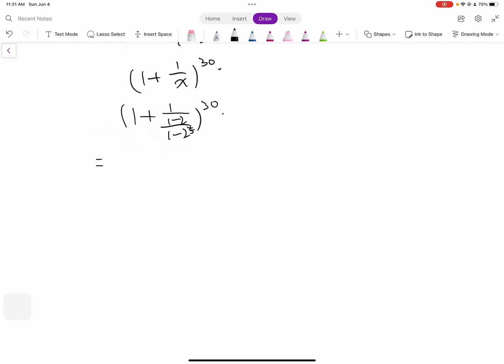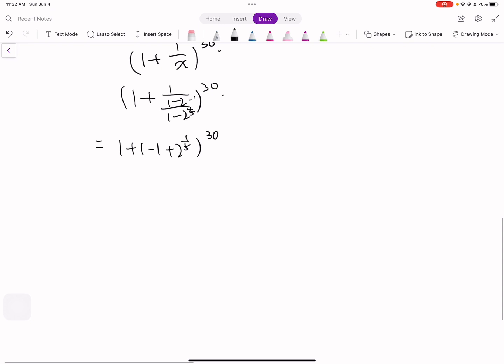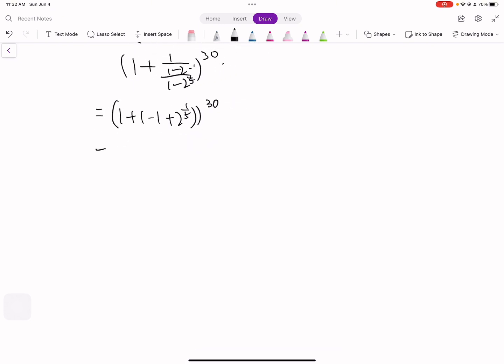So this just equals 1 plus, so here is just -1, and then it equals 1 plus -1 plus -1 minus 2, and here's plus 2 to the power of 1/5 to the power of 30. So now we can just expand the bracket.